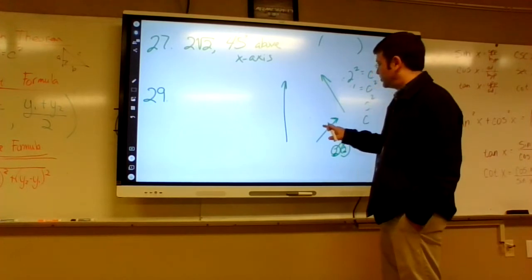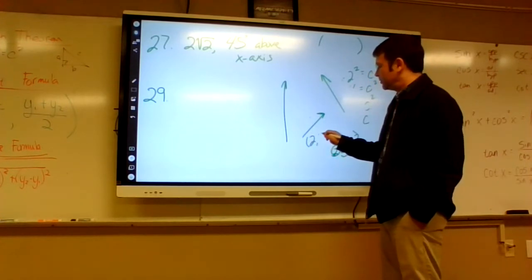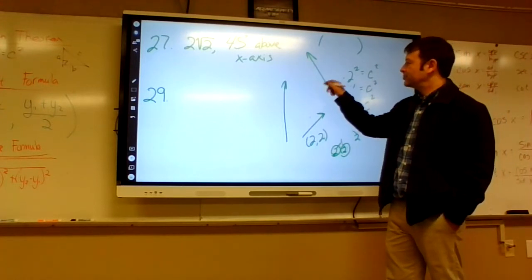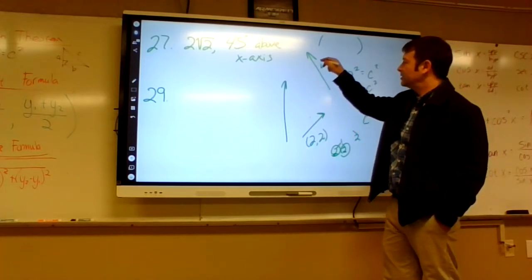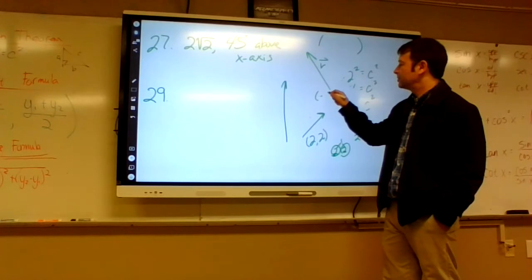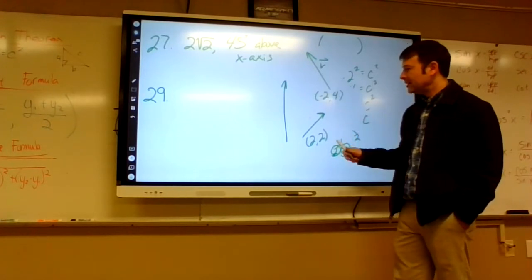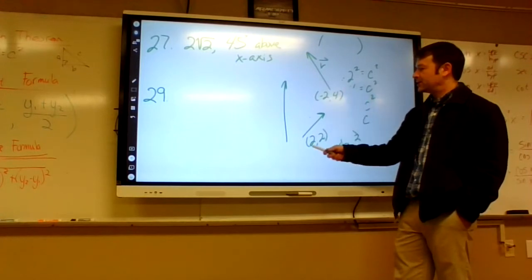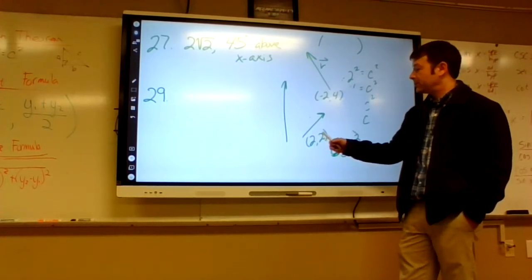Here's another way to think about it. This one's going over 2, up 2. How far is vector v going in the x direction? Negative 2. And up 4. If you add those two vectors together, you add the x's together and add the y's together.